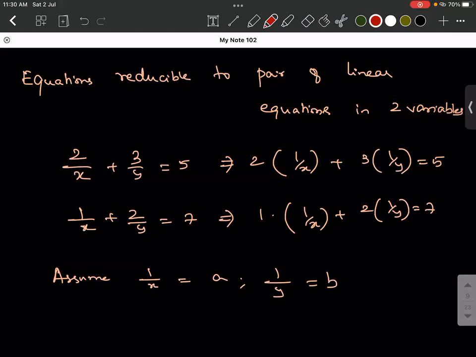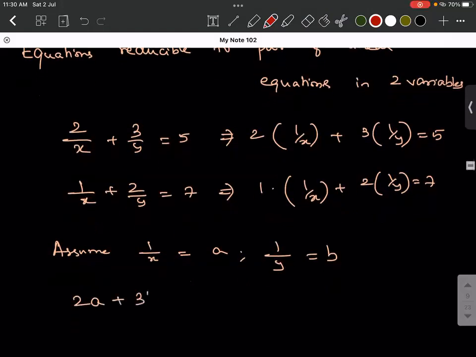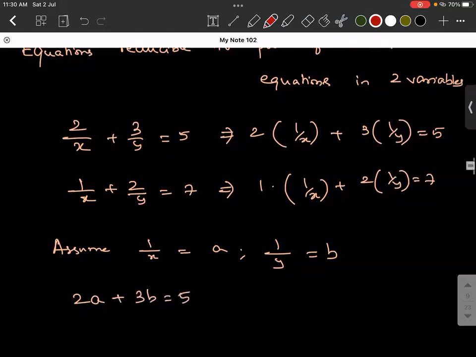So when I substitute, the first equation gets converted to 2a plus 3b is 5, and the second equation to a plus 2b is equal to 7. Now, are they not looking like linear equations in two variables? Yes. So when you solve this, what are you going to get?